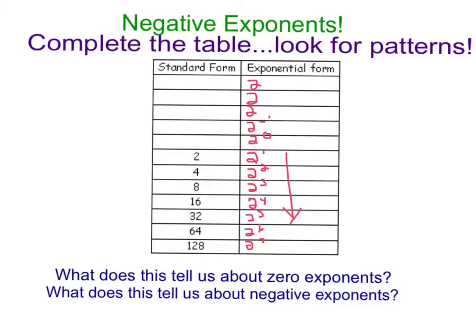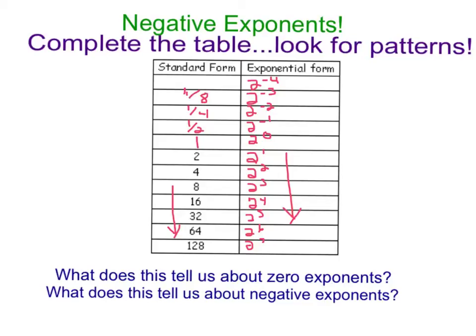So 0, negative 1, negative 2, negative 3, negative 4. And again, here we're doubling every time, which means if we're working backwards, we have to take half of it. So half of 2 is 1. Half of 1 is 1/2. Half of 1/2 is 1/4. Half of 1/4 is 1/8.